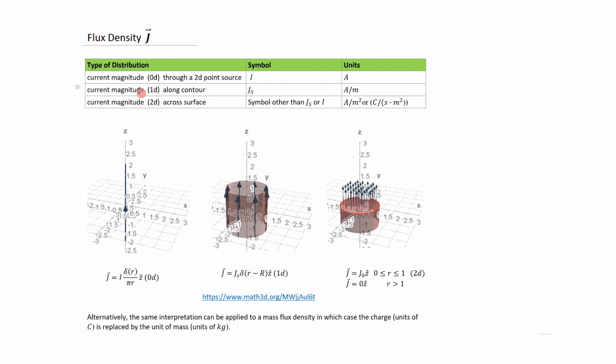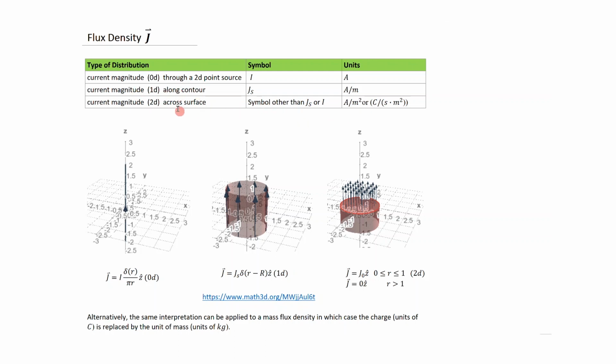In this case, if the current is flowing through a filament, then the current is I, and its units are amps. If the current's flowing through a contour, then the current density at any given point along the contour would have units of amperes per meter, and it's given the symbol J subscript S. On the other hand, if the current is flowing through the surface as a whole, then the symbol used is something other than J_S or I. It might be a function of distance, or it could be constant, in which case it would be given some label, but it would not be I or J_S, to make it distinct from the case of a filament source as well as a source on a contour.